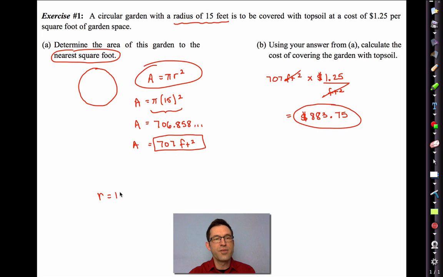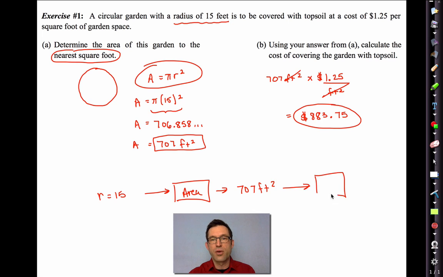So think about this for a second. A radius of 15 went into a function, that function being the area function, and what came out was 707 square feet. Then that 707 square feet went into the cost function, and what came out was $883.75, right?